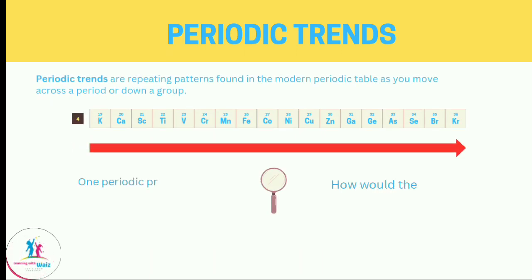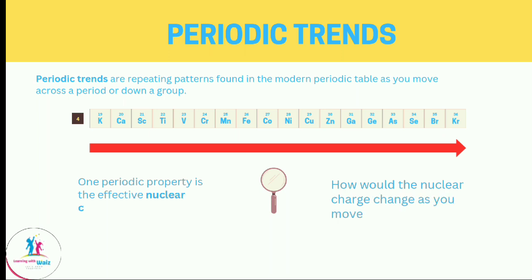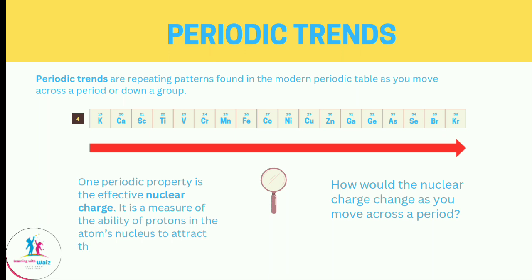Periodic trends. Periodic trends are repeating patterns found in the modern periodic table as you move across a period or down a group. One periodic property is the effective nuclear charge.